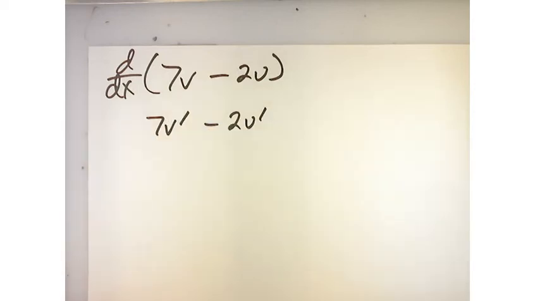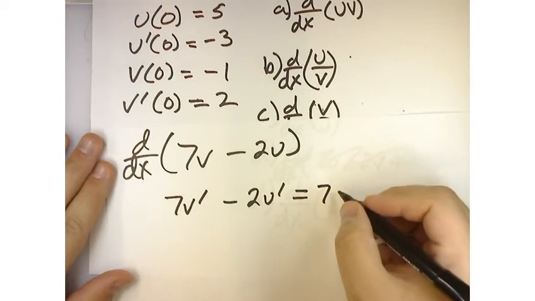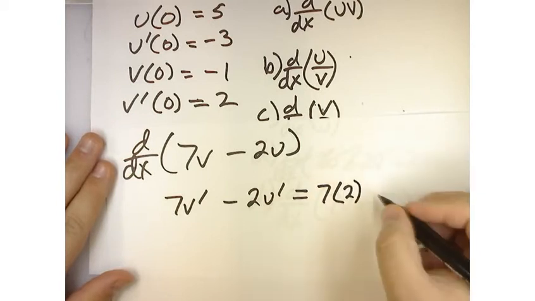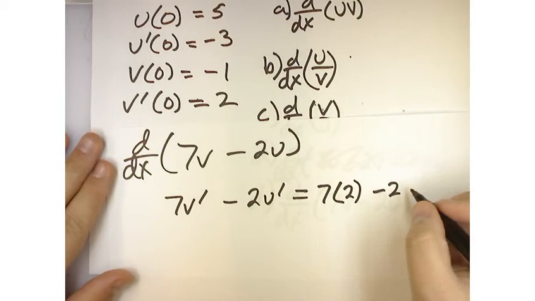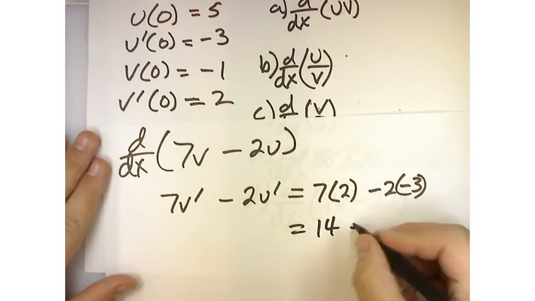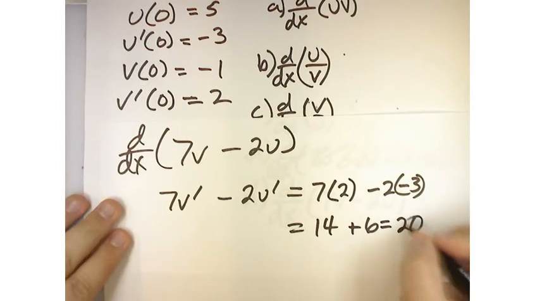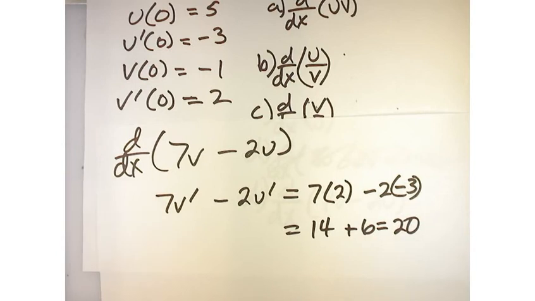Well, what was v prime? Oh, I took it off the thing here. So 7 times v prime is 2, and then minus 2, and then u prime is negative 3. So I get 14 plus 6. Wait, yeah. 20. Is that right? That's the answer. Yeah, it's not 21, it's 20.